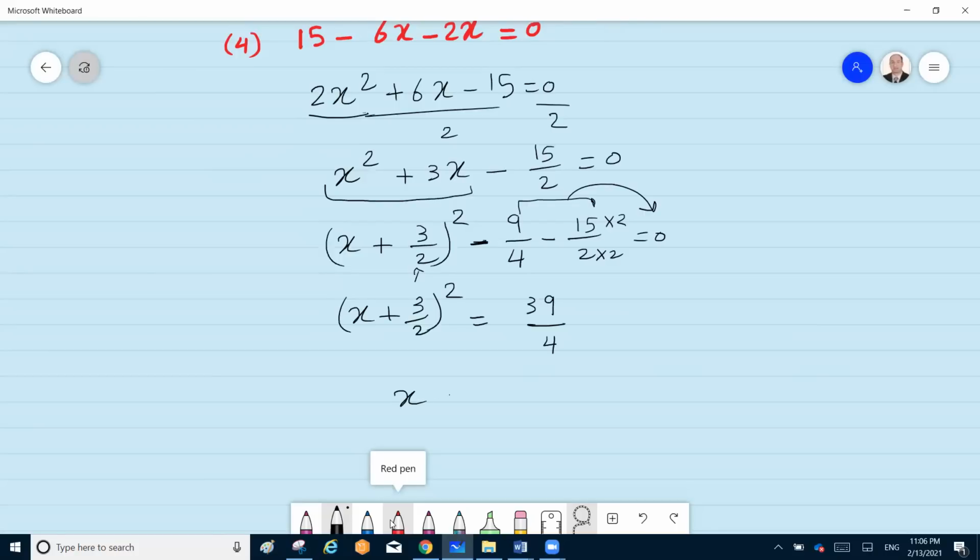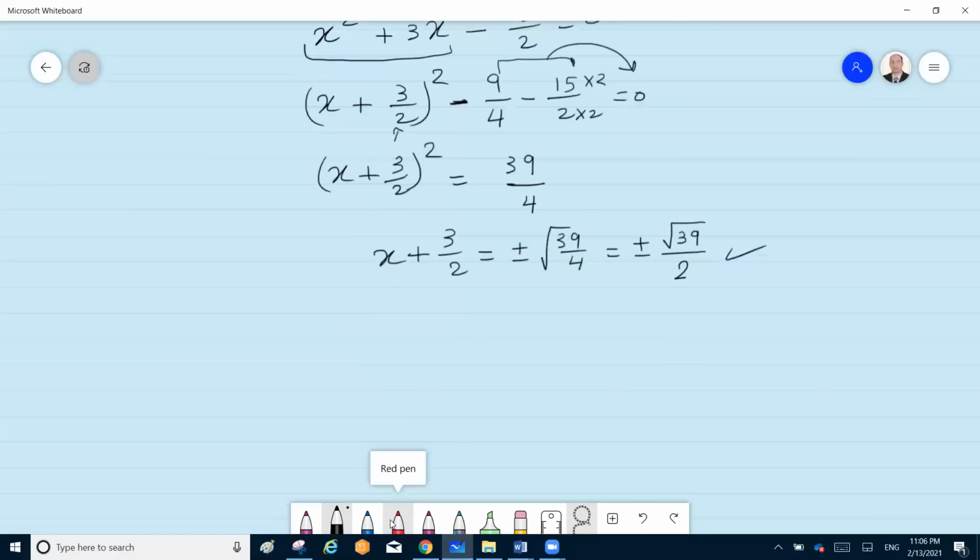So x plus 3 over 2 is positive or negative root 39 over 4, which is square root of 39 over square root of 4. 39 is not a square number; it is 3 times 13, so I cannot simplify it anymore. But square root of 4 is 2, you can take it outside. So these are the values of the answer.